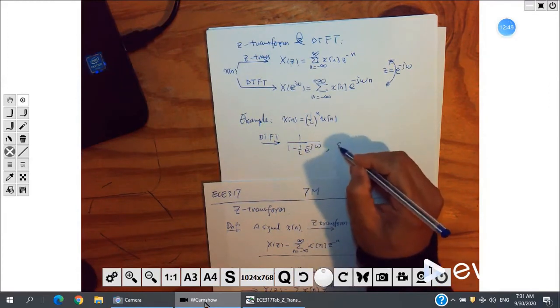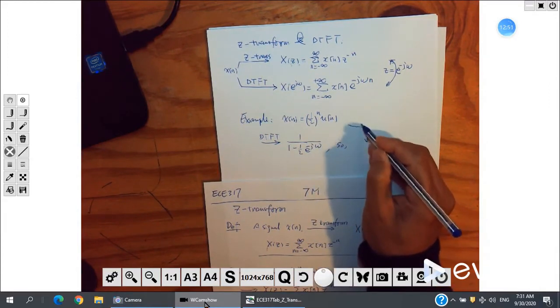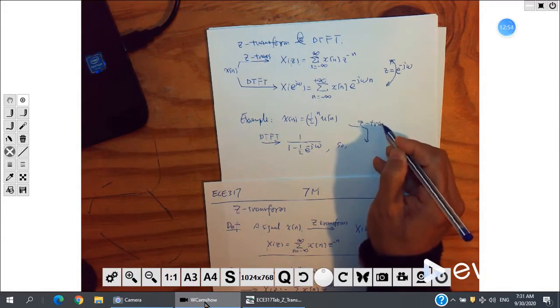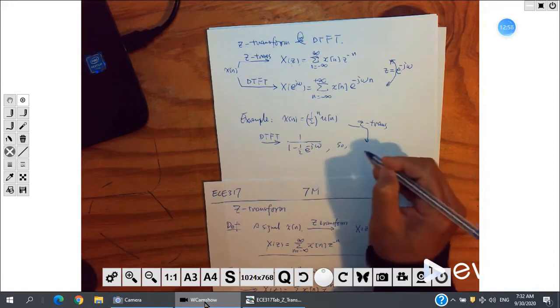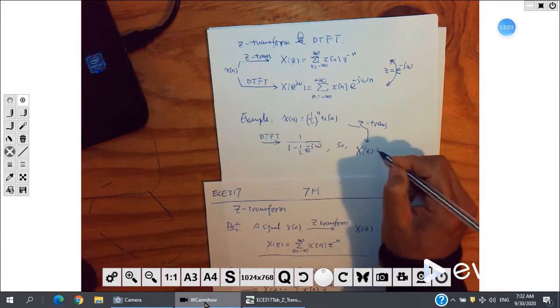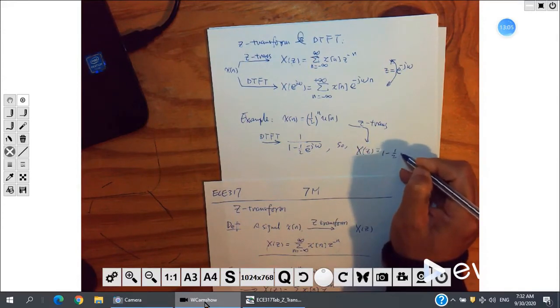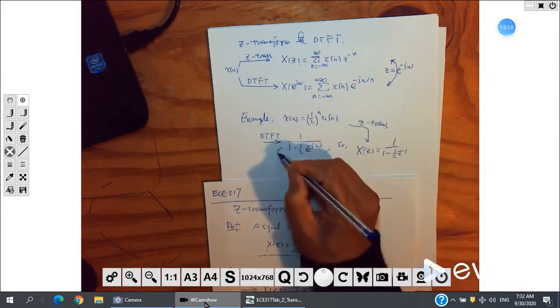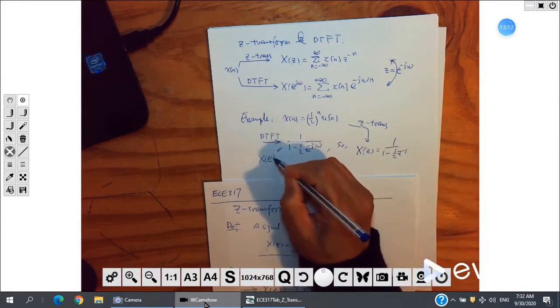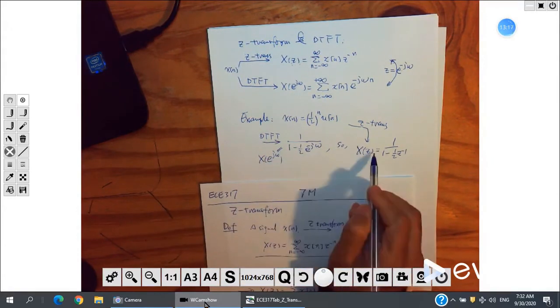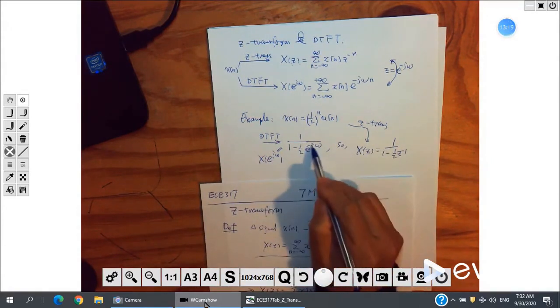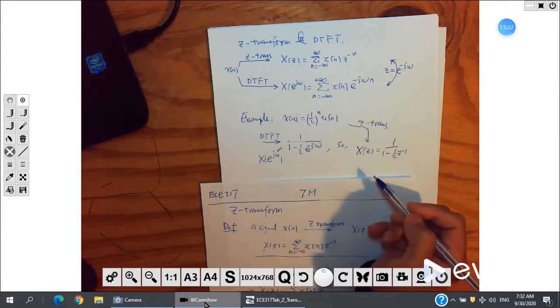So we perform the z transform: you just replace this by z. That's it. So capital X of z equals 1 over 1 minus one half z to the negative 1. Here's X of e to the j omega, and you just replace this by z, and then you have the z transform.